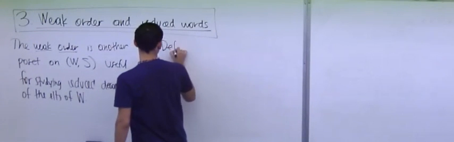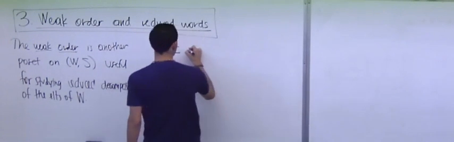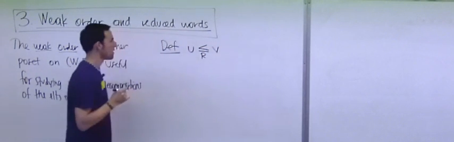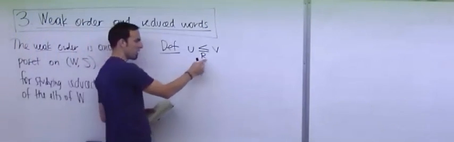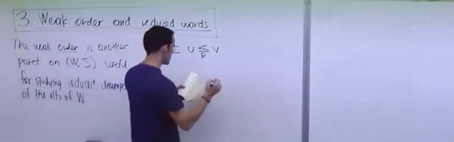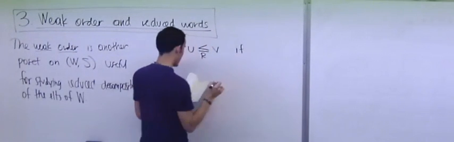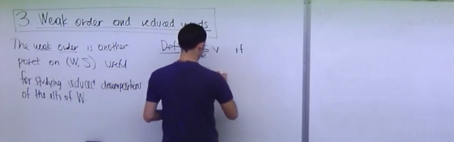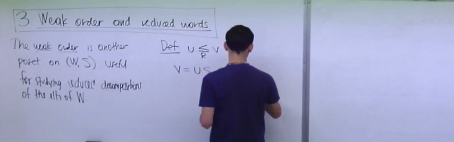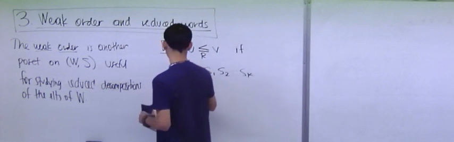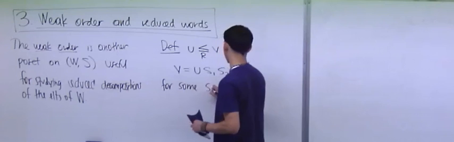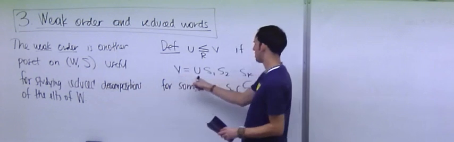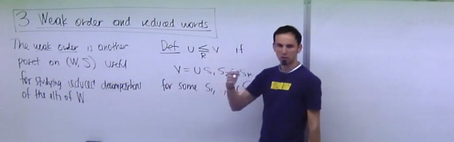So let me define the weak order for you. We say that u is less than or equal to v in the weak order, and we denote the weak order by a less than or equal sign with an R underneath, if you can write v as u times a bunch of generators, in such a way that each one of these generators makes the word longer.